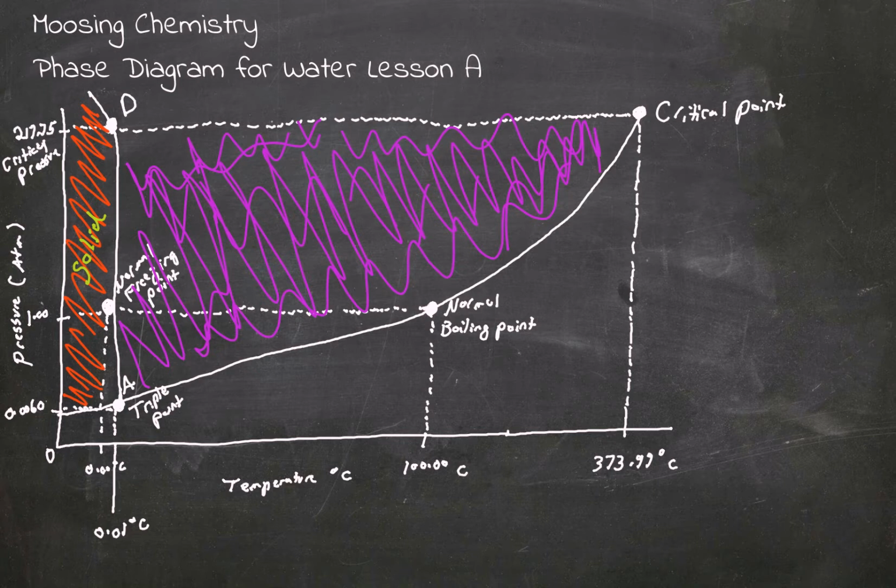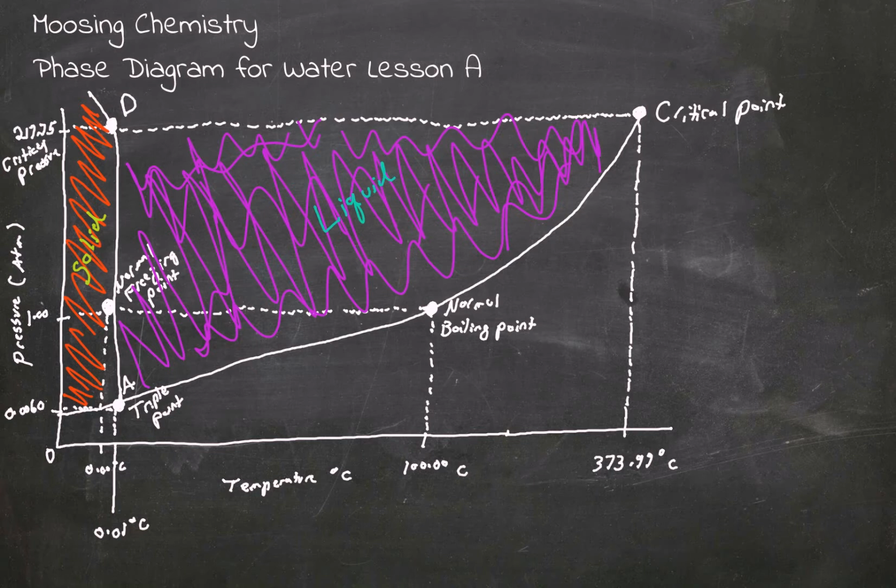So let me go ahead and change colors again. Let's go to blue. Yeah, that's good. So here, this is always going to be a liquid. If your temperatures and pressures lie within that area, you're always going to be a liquid.